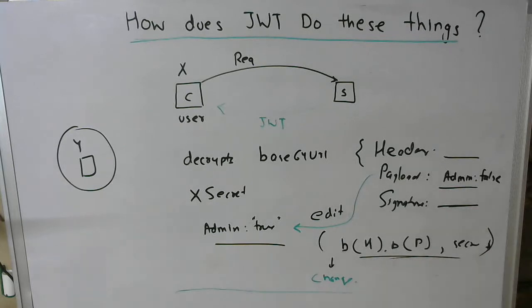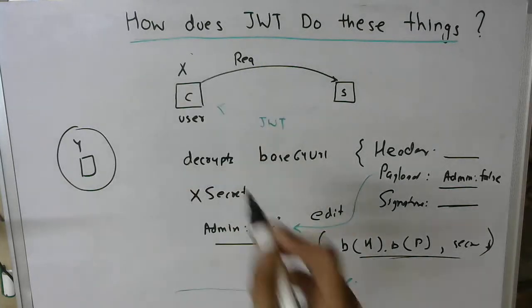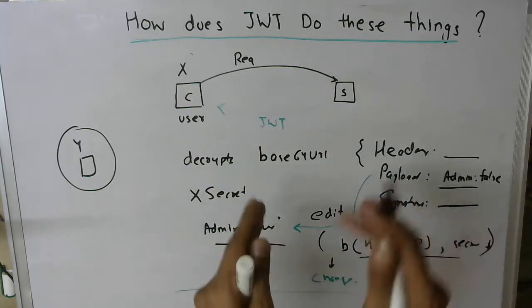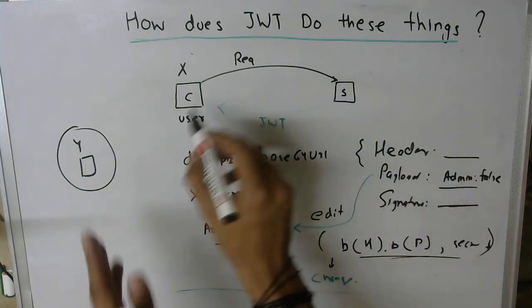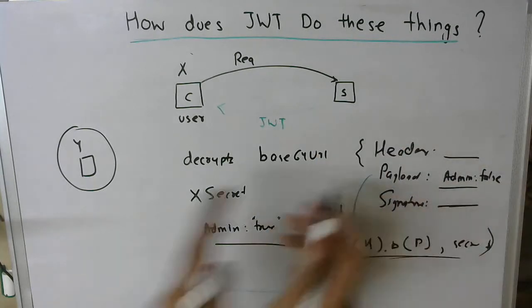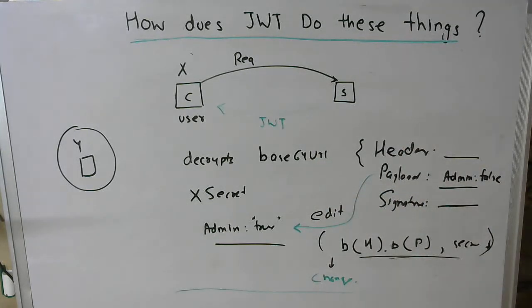It was just made to authorize this X user only, and it assumes that the JWT only goes to X user, because X is requesting the server, so the JWT response will go to X user only. So in the next video we will see how secure JWT is.